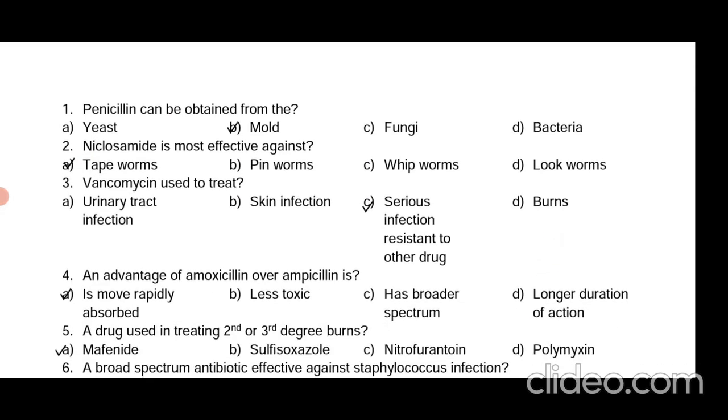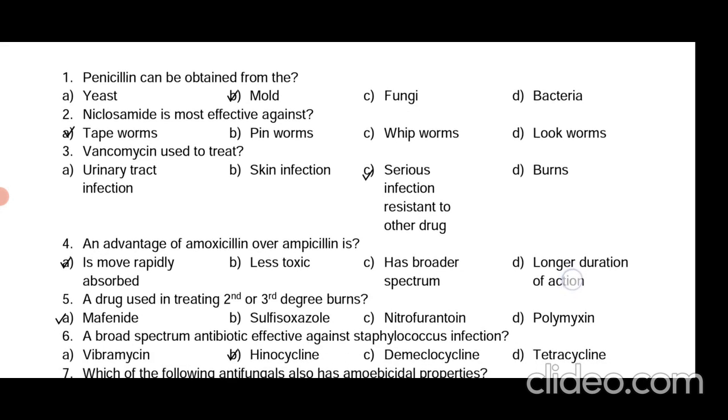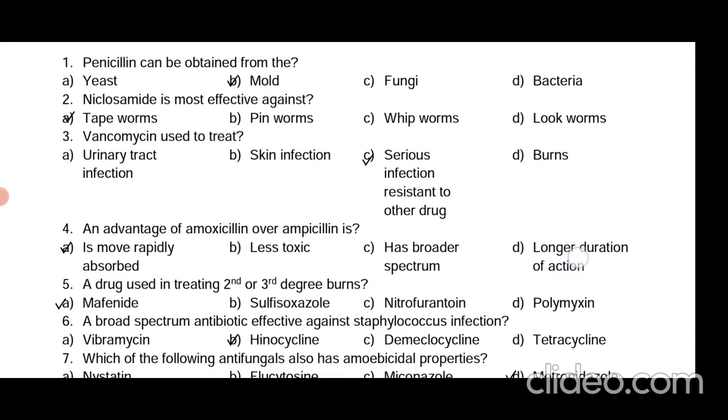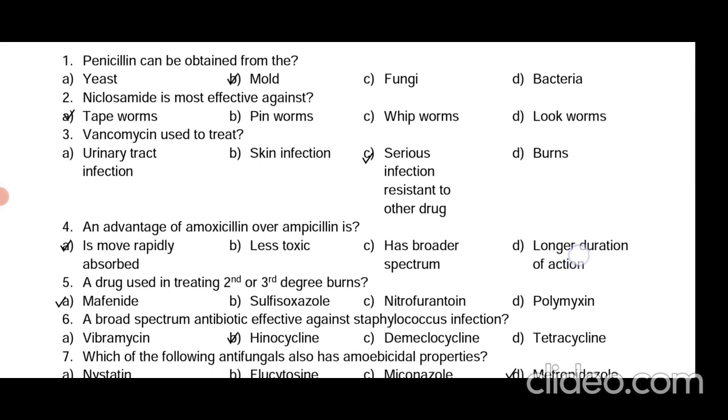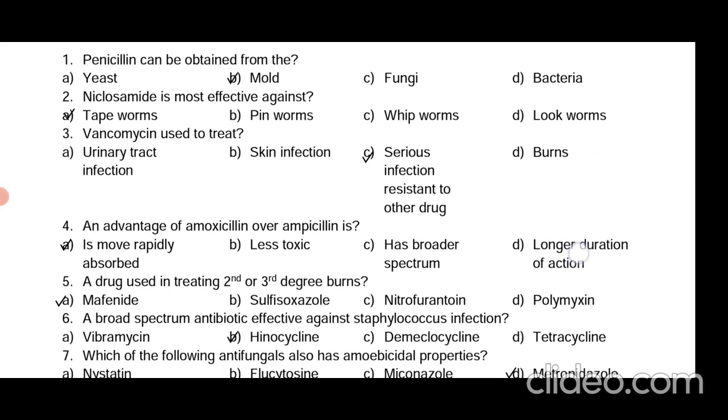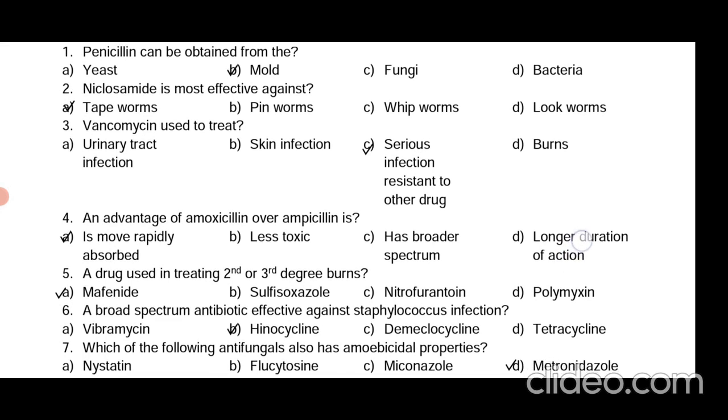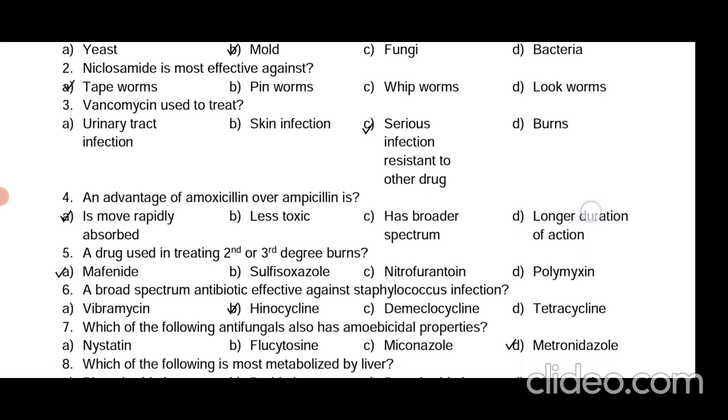A drug used in treating second or third degree burns is mafenide, a broad spectrum antibiotic effective against staphylococcus infection. Which of the following antifungals also has amebicidal properties? Metronidazole, available as Flagyl.